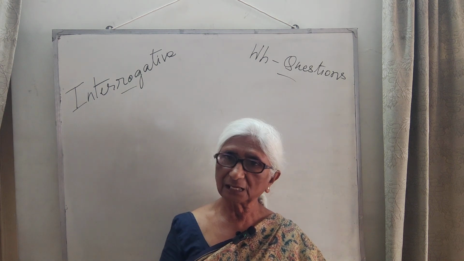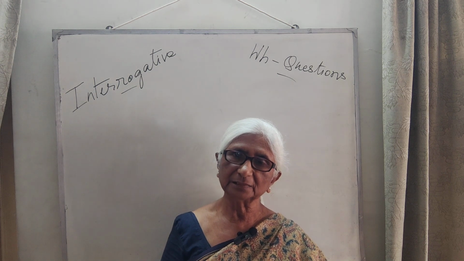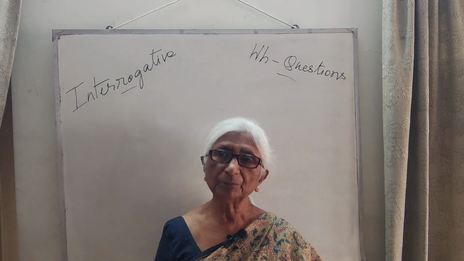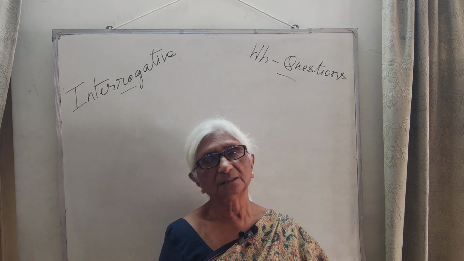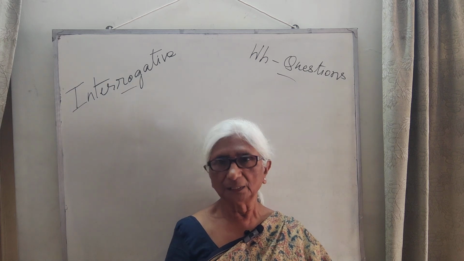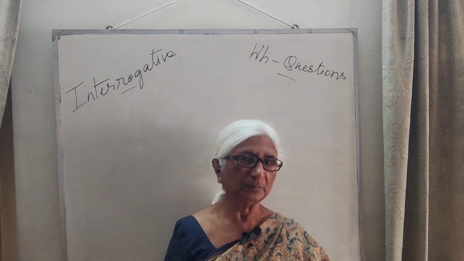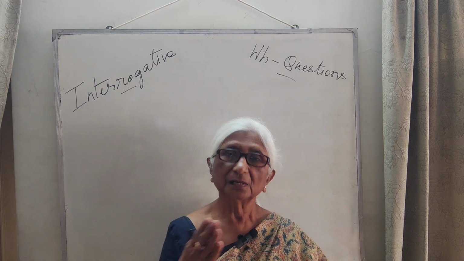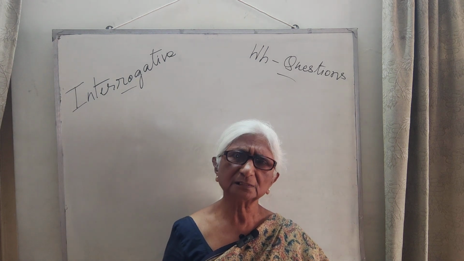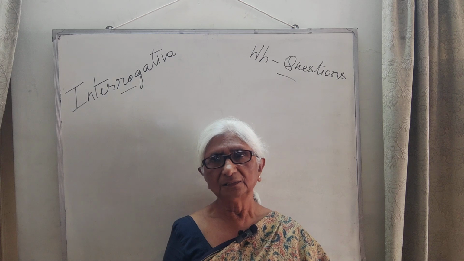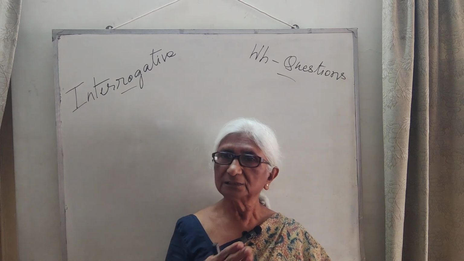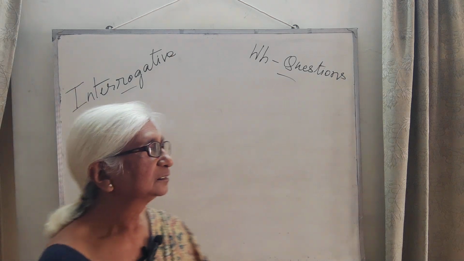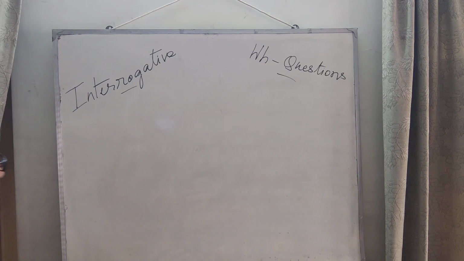It's the same tense method, the same numbers, the same thing we have to do. Only we have to see that the question word is a WH word and so it remains the same, it doesn't change. And the auxiliary verb, if it is a do verb, it will change according to the tense and number of the sentence. Let us start with an example.